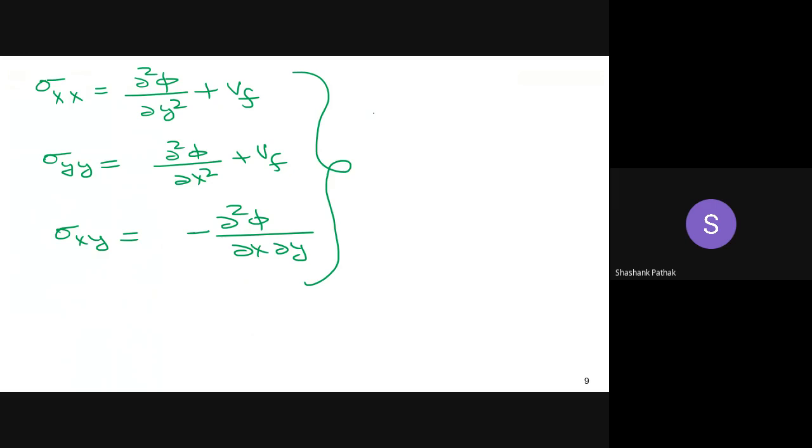Okay, how? Let us see. So first we need to calculate del sigma xx by del x. If you differentiate this with respect to x, you will get del 3 phi by del y square del x plus del Vf by del x.